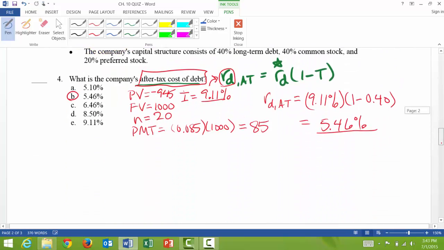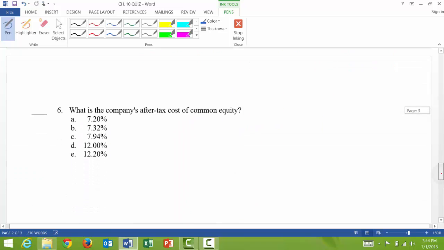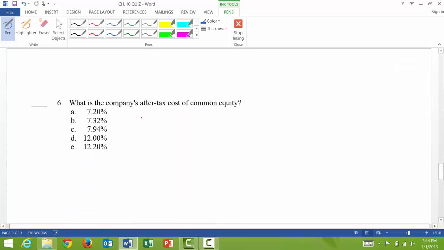So let me go back down here. The CAPM rate is equal to the risk-free rate plus beta times the market risk premium.